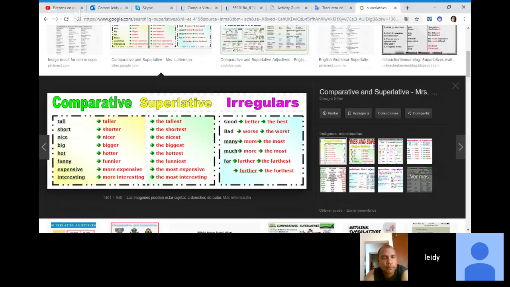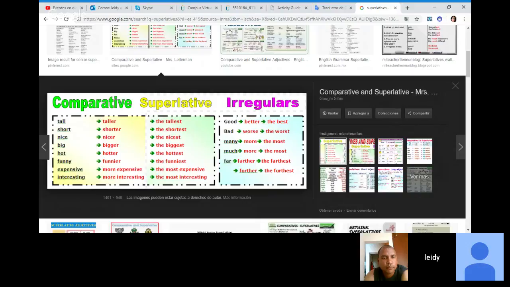You can say, for example, when you write tall like comparative, you write E and R. And in superlative, you write the, like article, at the beginning, later you write the adjective, and finally you complete the adjective with the letters E, S, and T. Yes? Do you understand me? Yes.